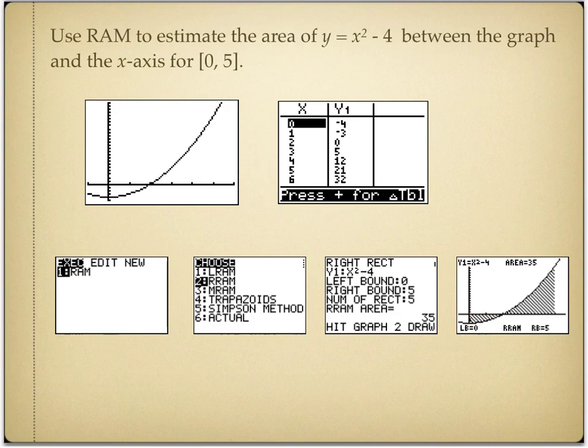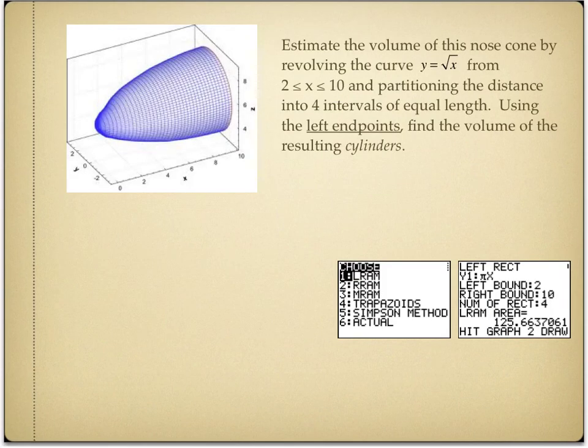Seems kind of strange. Alright, one last example we're going to look at. If we're going to try to find the volume of this nose cone right here by revolving the curve y equals the square root of x, which is about what that function looks like, and we're going to revolve that around, we would say the x-axis perhaps, so we'd be revolving that around there from x equals 2 to x equals 10, and then we'd partition this into 4 intervals.